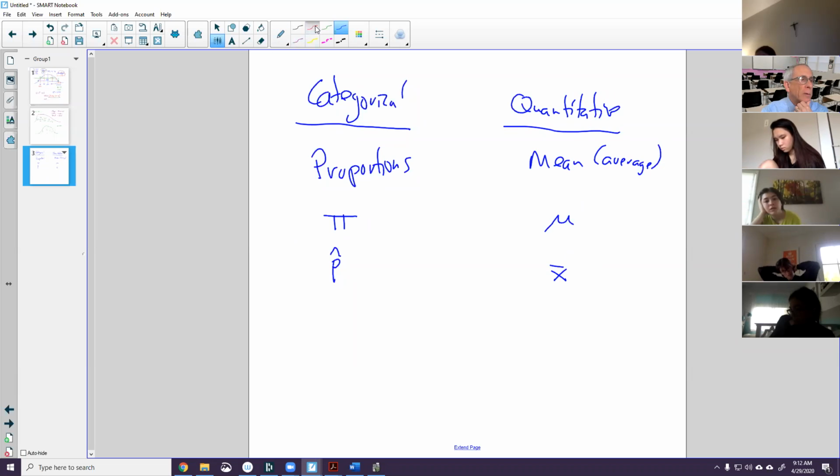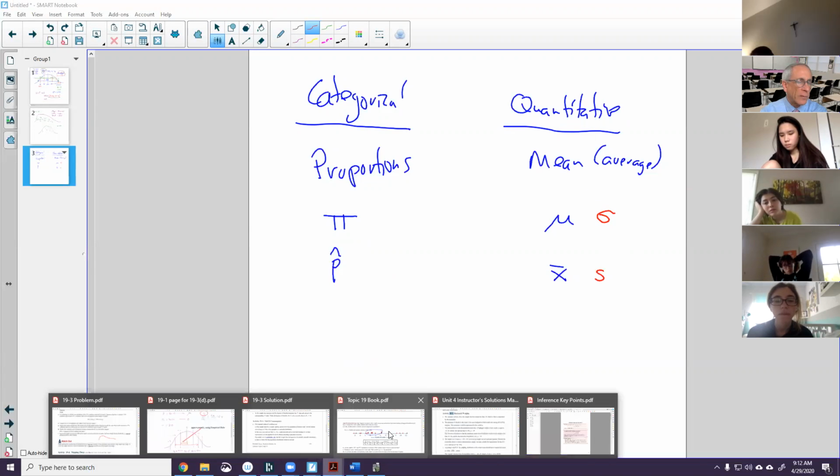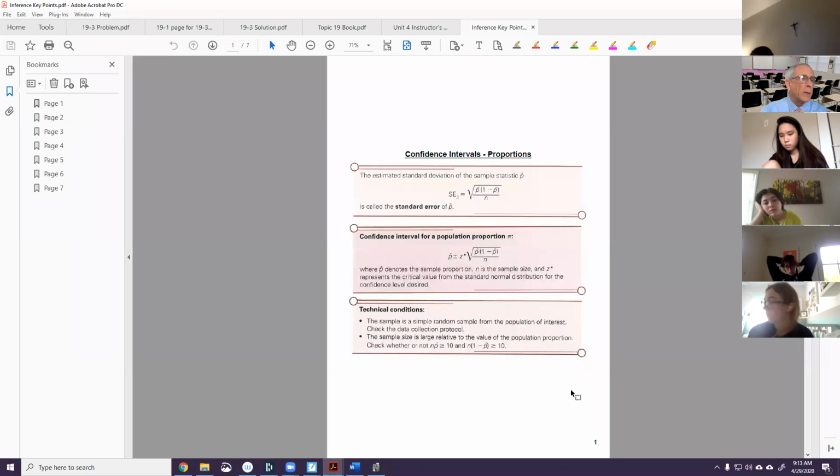We use sigma for the population standard deviation, and we use S for the sample standard deviation.